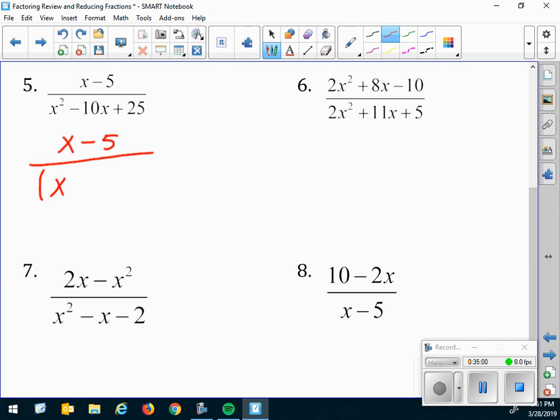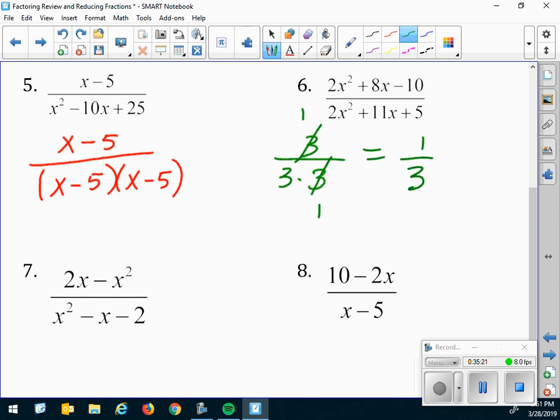Yep, x minus 5 times x minus 5. Now, folks, this is just like having 3 over 3 times 3. That wouldn't be 3. What would this be? That would be 1/3. This is 1 over x minus 5.